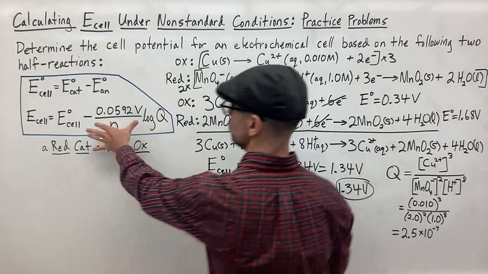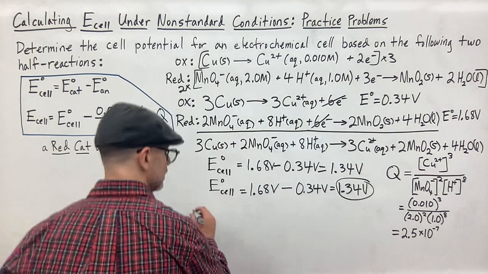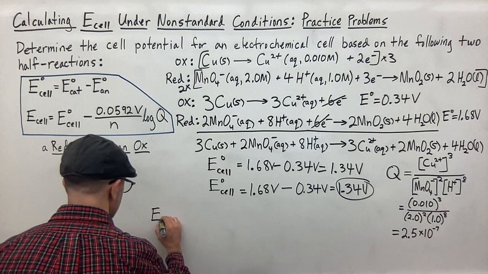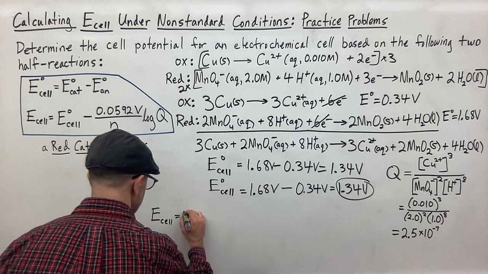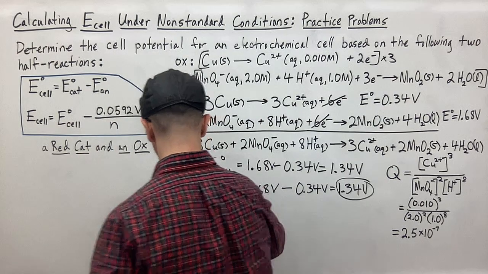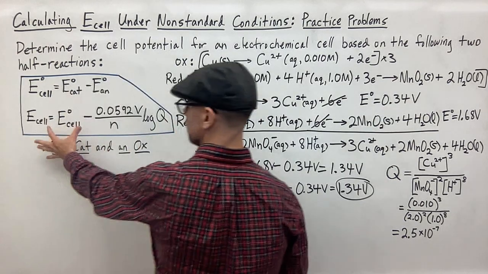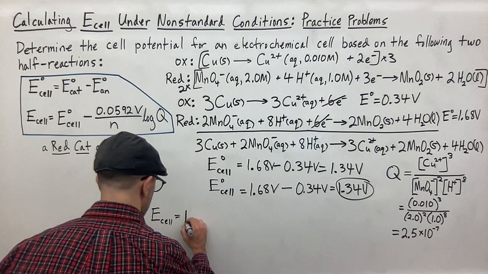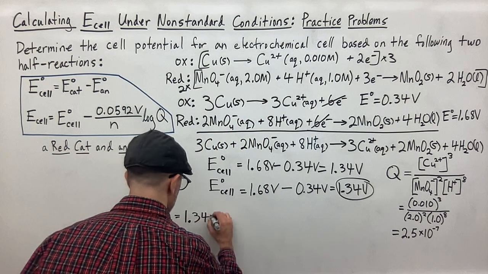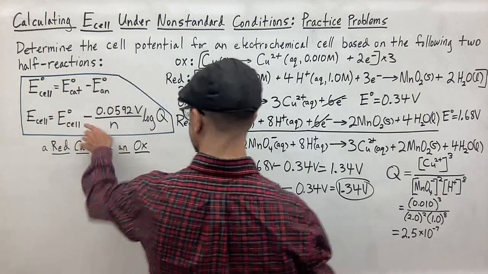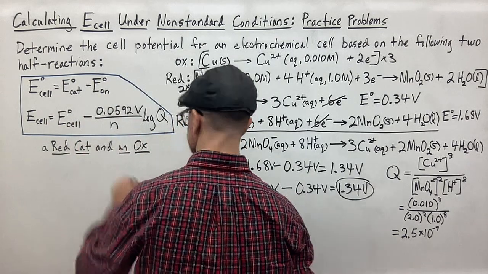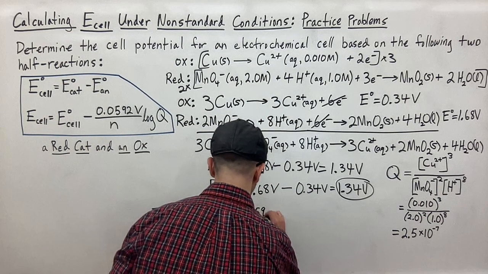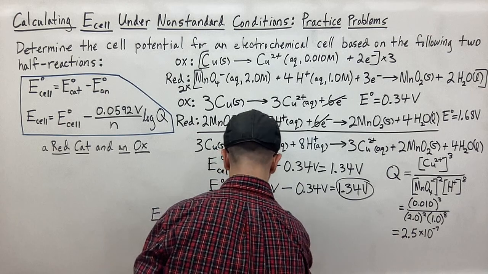Now we can plug that into our Nernst equation. E cell is equal to the standard cell potential, which we calculated earlier, 1.34 volts, minus 0.0592 volts over n.